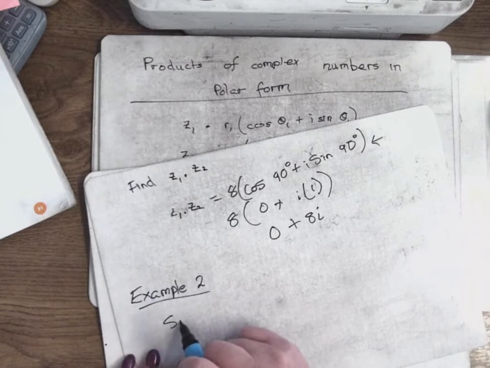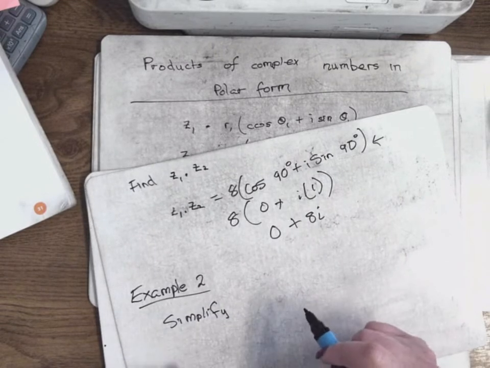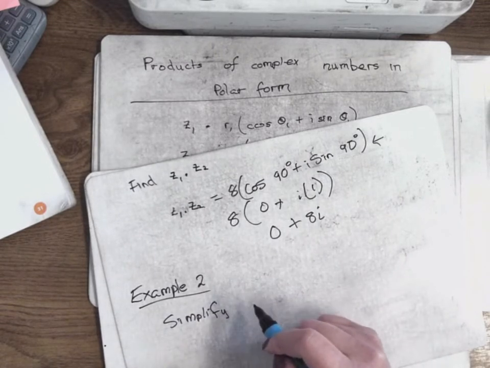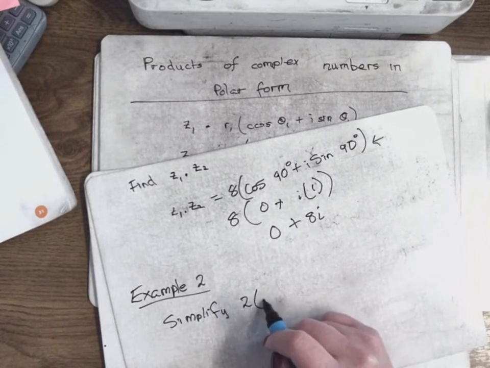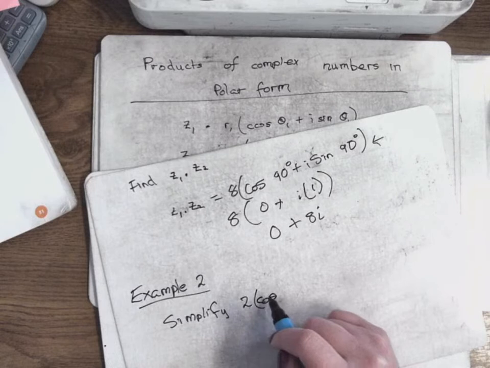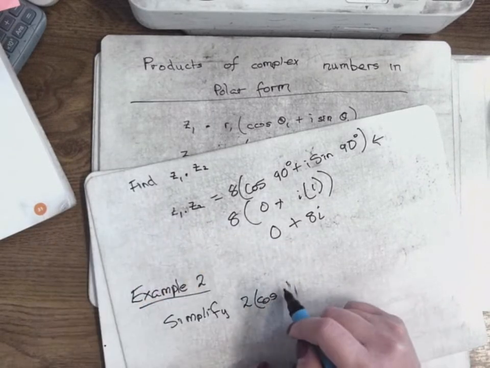So simplify: 2 times cos of pi over 9. No, I'll actually turn that into 20 degrees.